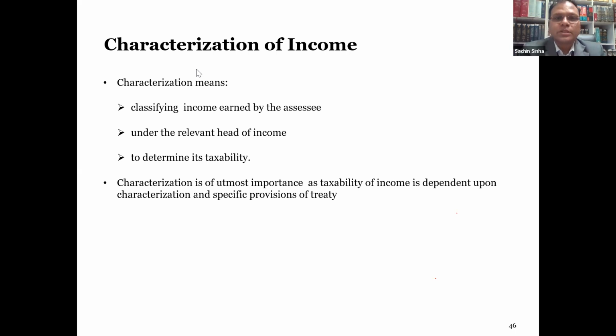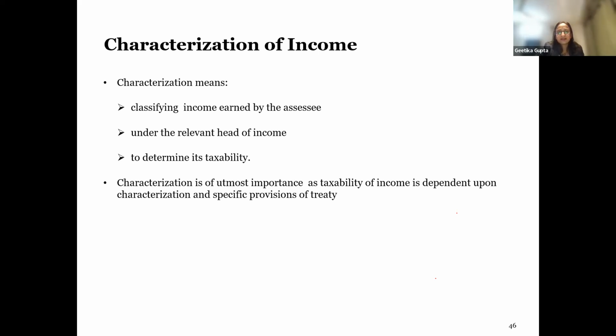They use this term jointly, 15CA, CB. They say bring 15CA, CB. I think tomorrow we have a separate session on this for detailed discussion, so the learned speaker will cover it tomorrow.